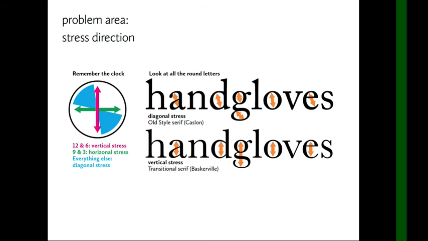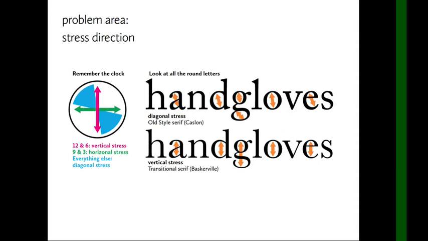The A is about the same as the D, but the top loop, the top counter of the G is more up and more vertical. The bottom loop of the G is getting closer to horizontal. The stress of the O is almost straight up and down, but not quite. The stress of the E is far more diagonal.